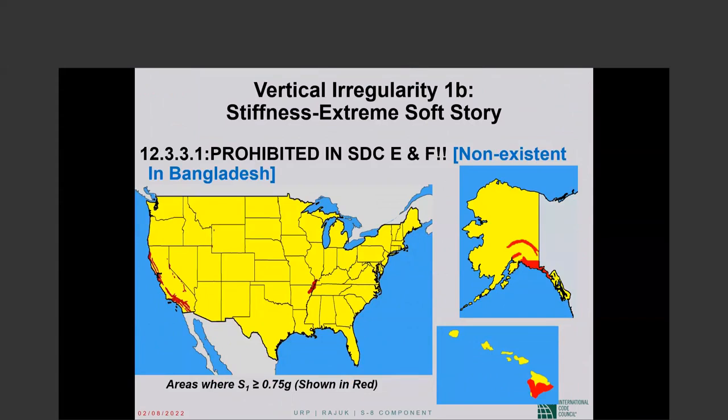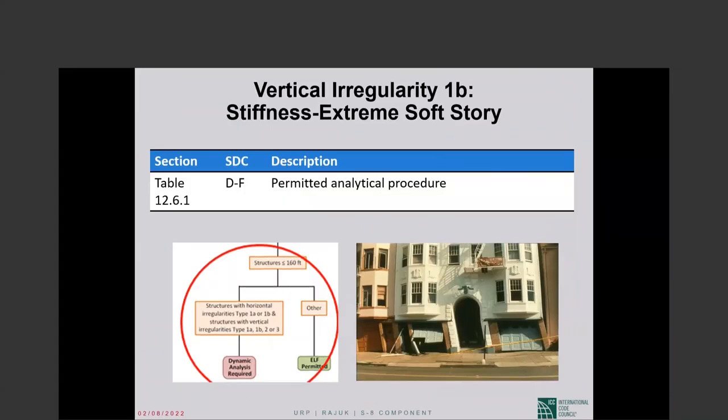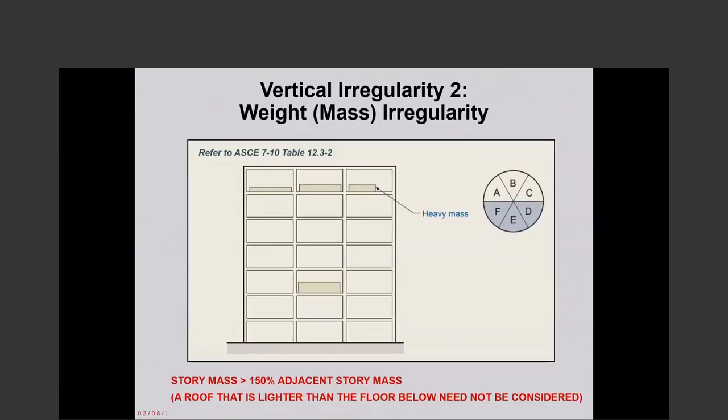Design categories E and F, obviously you are not bothered by that. Also, the other thing is the permitted analytical procedure. You have to do dynamic analysis. Nothing else is triggered. Vertical type 2, mass or weight irregularity.